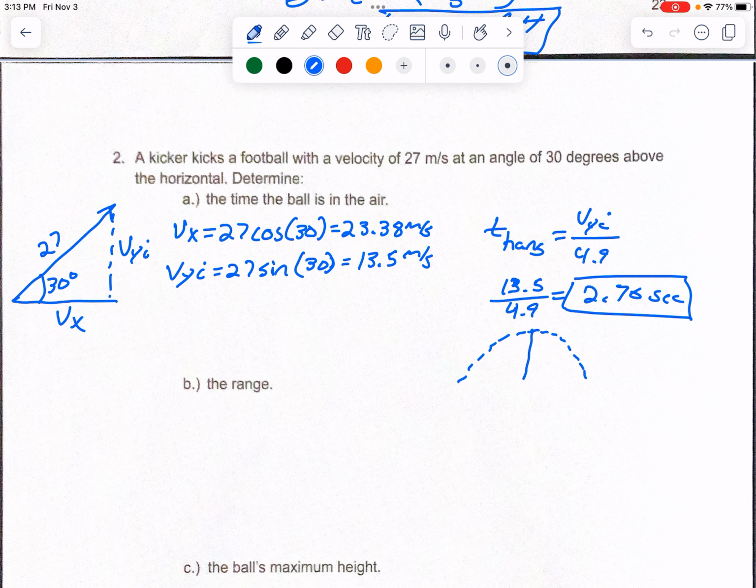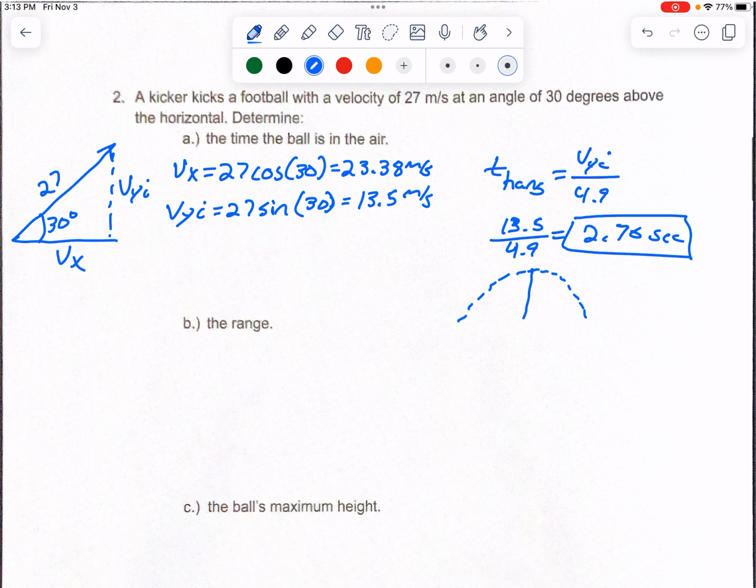So B, the range. Range is horizontal distance, so make sure you know that term. Remember Vx, dx, and t, that never changes. So Vx is 23.38. Just in case you need this again, when we split that hypotenuse up, we will never use that 27 again.